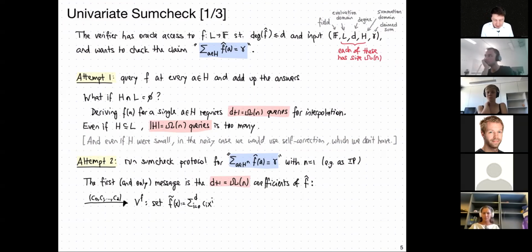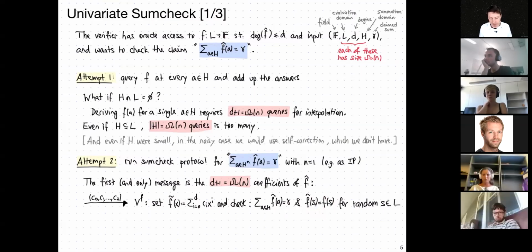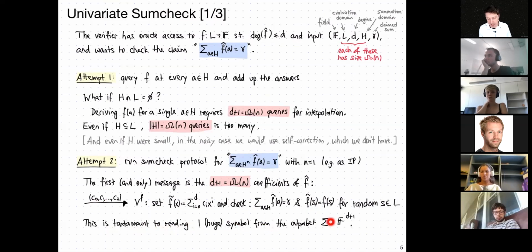So here it is. Then we add up ourselves, we construct the polynomial claimed by the prover, we check that it agrees with the original one at a random point, and we check the sum. But still, we are receiving an enormous message. This is tantamount to reading one huge symbol from the alphabet F^(d+1). It's like saying, prover, please tell me the polynomial.